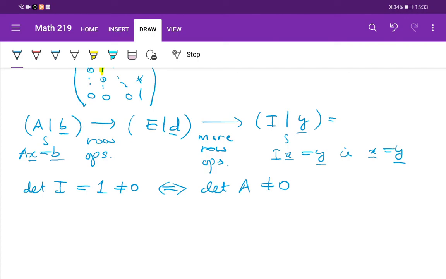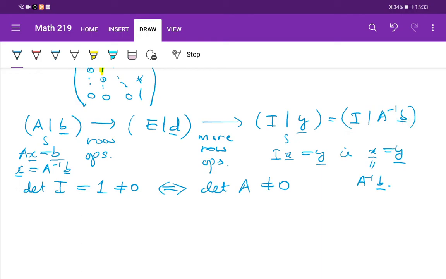So the solution of this last equation, the one corresponding to the last augmented matrix, must be the same as the first one. For the first equation, the unique solution is clearly x = A inverse b. And so here, this must be x = A inverse b, so this is just I and A inverse b.